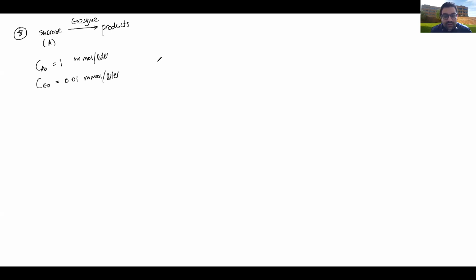And you're given a bunch of kinetic data, CA versus time, and you're being asked to determine if this fits this rate expression, which is minus RA equals K3 CA CE naught divided by CA plus CM, where you have two constants in this case. K3 is a constant and CM is a constant. You're being asked to solve for these two as well.